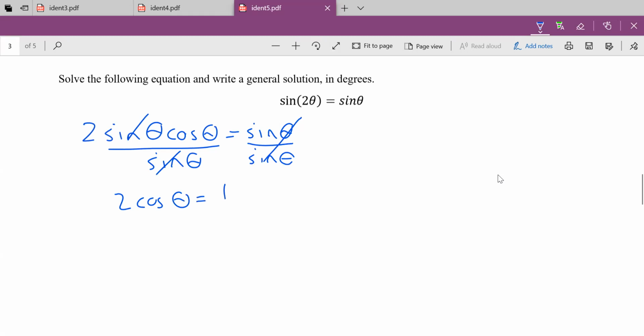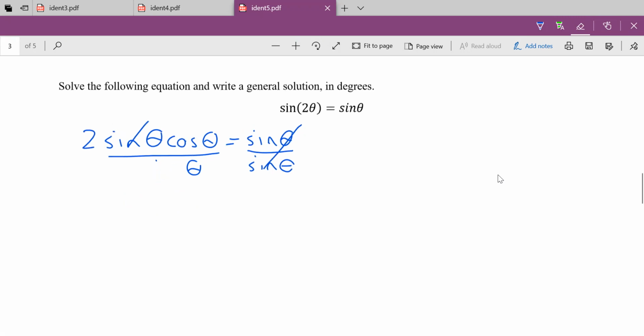No bueno. You never do that when you're solving an equation. We just lost functions. You're allowed to divide when you're solving or proving an identity, but we never divide out functions when we're solving an equation. So let's try this again.